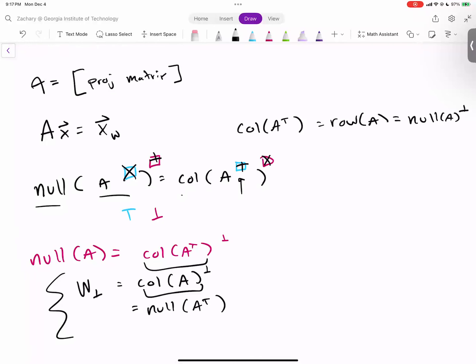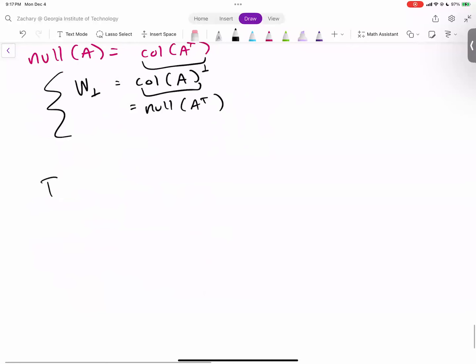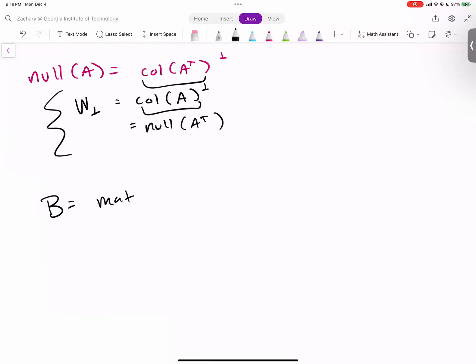Yeah, steady state. Any more questions on this stuff? Null space of B is W perp.